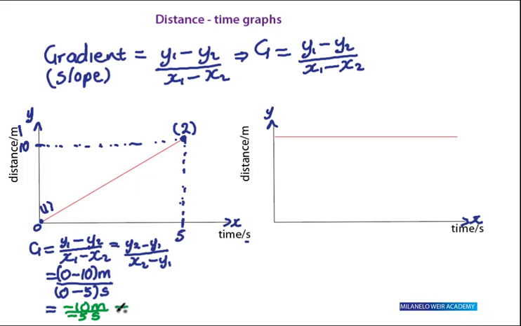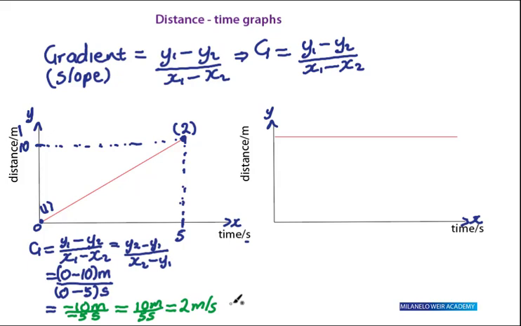If we divide a negative value by a negative value, it becomes positive. Then this is 10 meters divided by 5 seconds, which is equal to 2 meters per second.